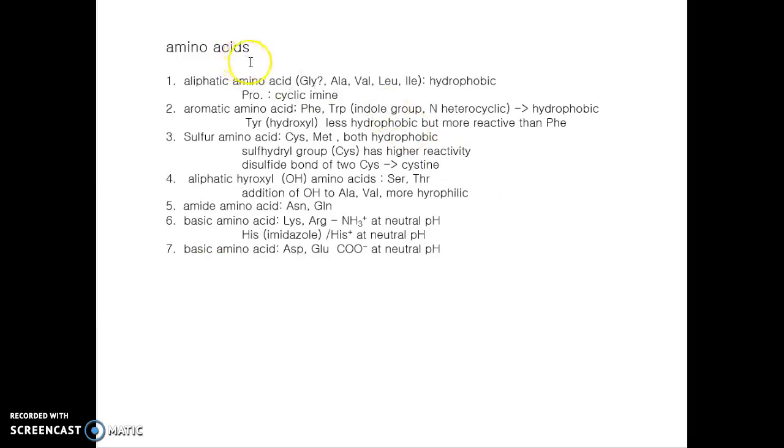This slide just summarizes the types of groups. Aliphatic again. Proline is actually called a cyclic imine group, not an amino group, because the side chain is connected to the amino group.